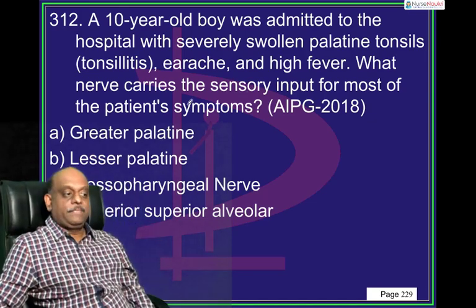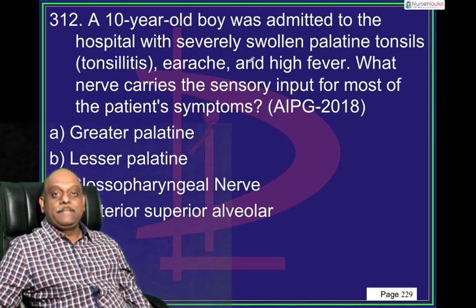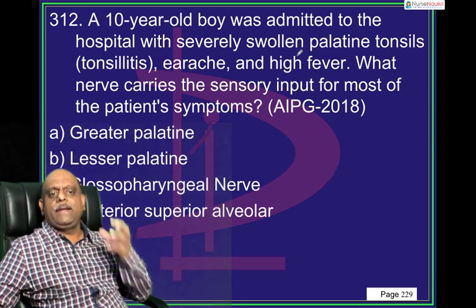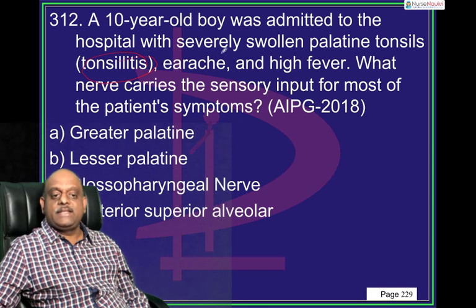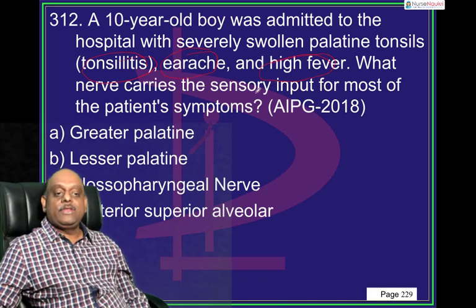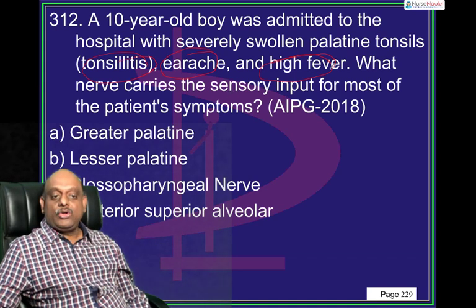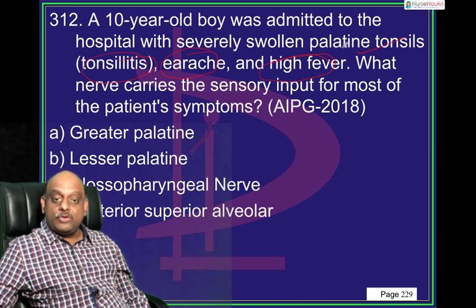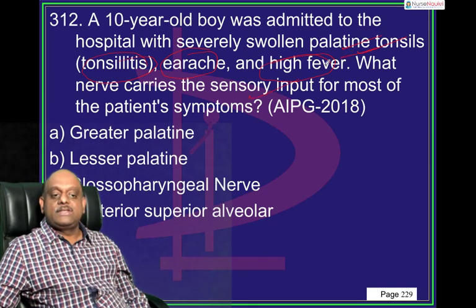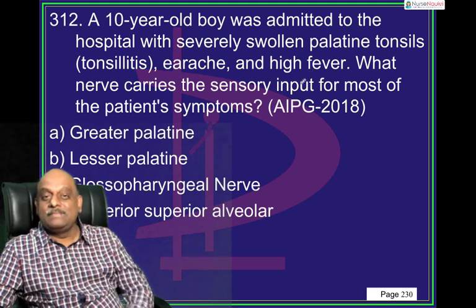Now, doc, a 10-year-old boy was admitted to the hospital with severely swollen palatine tonsils. Tonsillitis is there, earache is there, high fever is there. Now the question comes, when tonsillitis occurs in the tonsillar area, the sensory input of the tonsils is carried by whom?